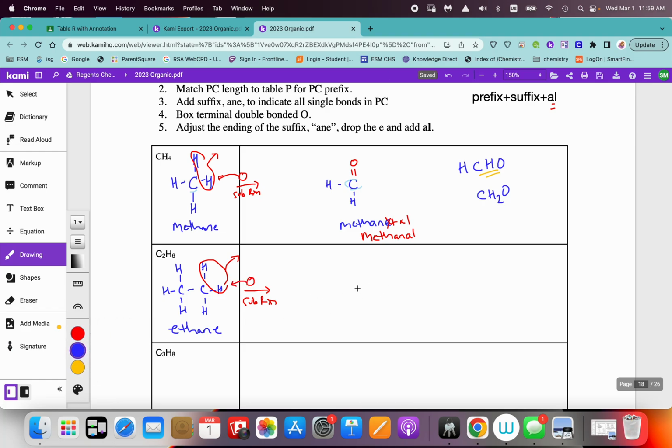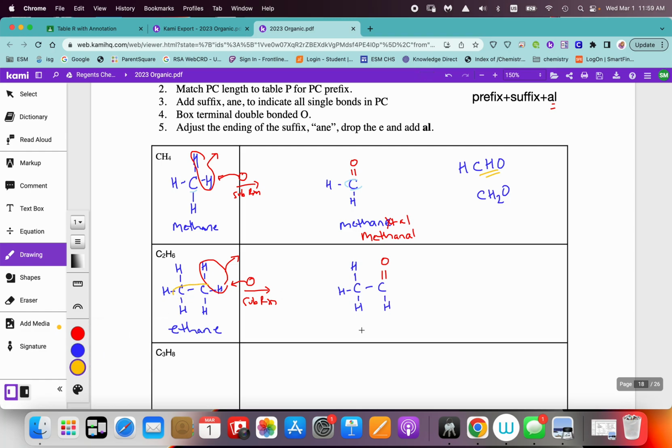So what we still have present from our original structure are the 2 carbons with their single bond. The first carbon still has its 3 hydrogens. The second carbon still has 1 hydrogen, but it also has a double bonded oxygen. We started off with a 2-carbon chain.